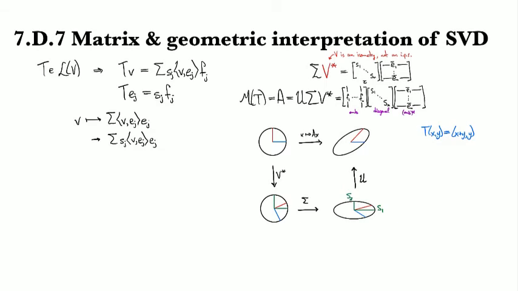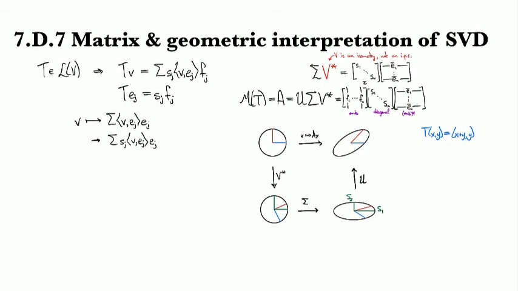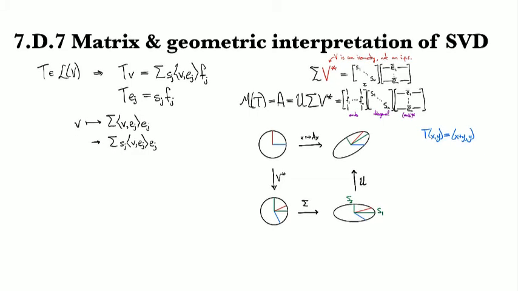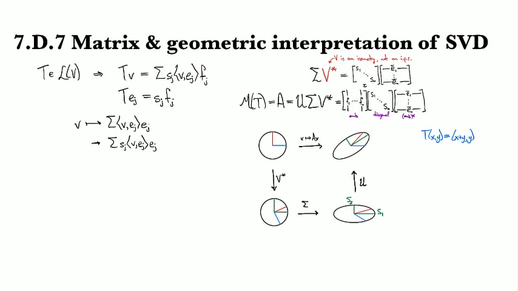And that just rotates things back into position. And so now you can see that this long axis right here, this is the semi-major and semi-minor, or whatever, the long and short semi-axes of this transformation. Okay.